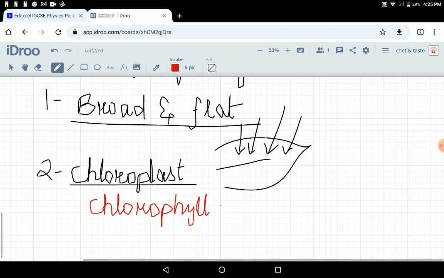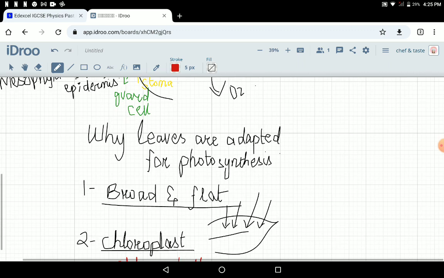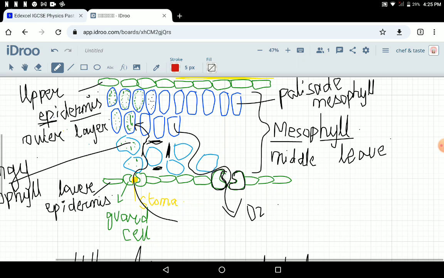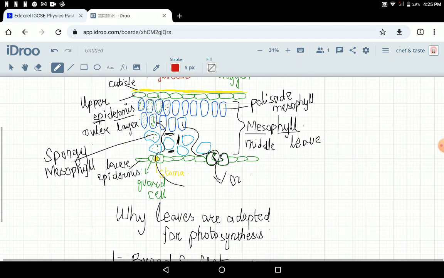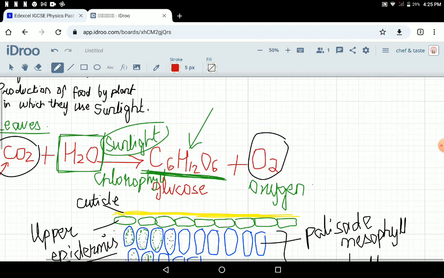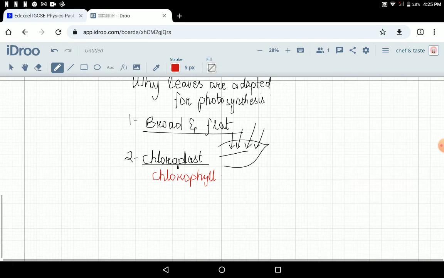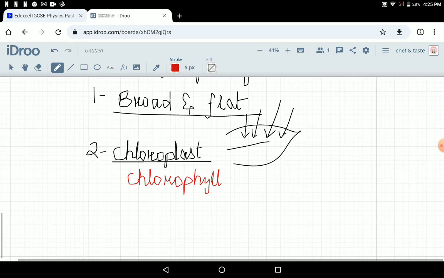Okay, and you have already seen the internal structure of the leaf, that the palisade and spongy mesophyll both contain chloroplast, which further contains chlorophyll. This chlorophyll is very important because it captures sunlight to prepare plant food. Without chlorophyll, the plant cannot synthesize food.